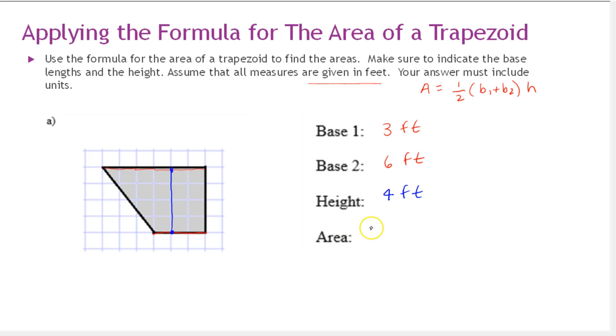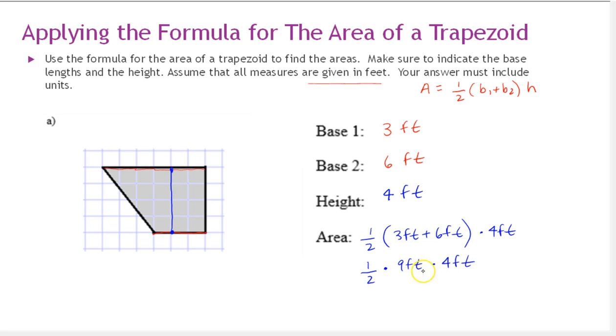So our area is 1/2 the sum of the bases, 3 feet plus 6 feet, times 4 feet. Okay, first we'll add the parentheses. So this is 1/2 times 9 feet times 4 feet. Okay.